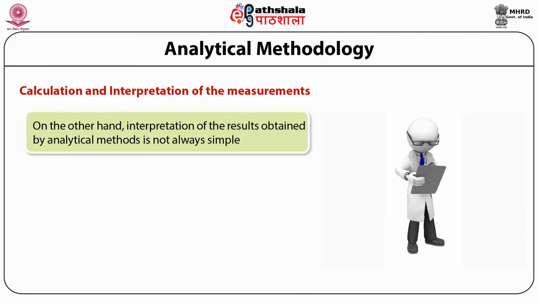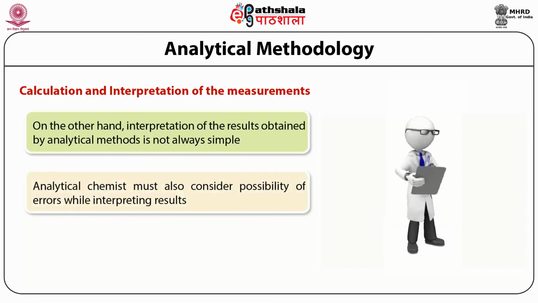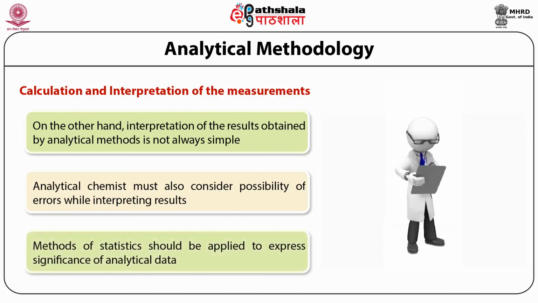On the other hand, interpretation of the results obtained by analytical methods is not always simple. It is a method which comes with experience and practice. Since errors can be made in any measurement, the analytical chemist must consider this possibility in interpreting the results. The methods of statistics should be applied and are especially useful in expressing the significance of analytical data.